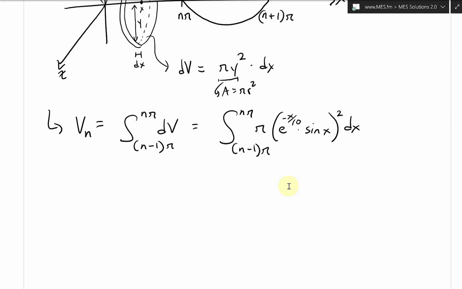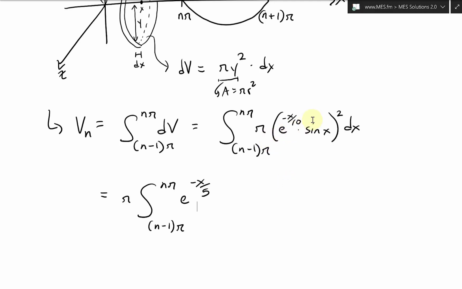Now dx is over there, so we just plug that inside, and now we're going to do some slight simplification. This equals, take the pi out, this equals the integral from n minus 1 pi up to n pi. And now this is going to be e to the negative x over 5. That's because of this 2.